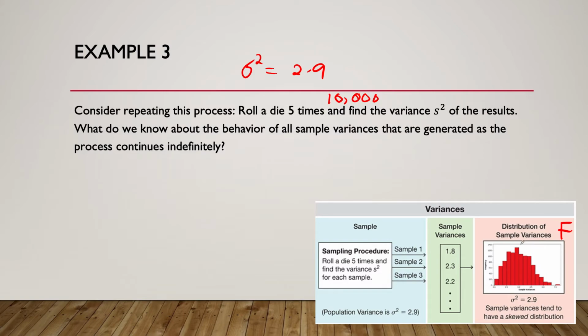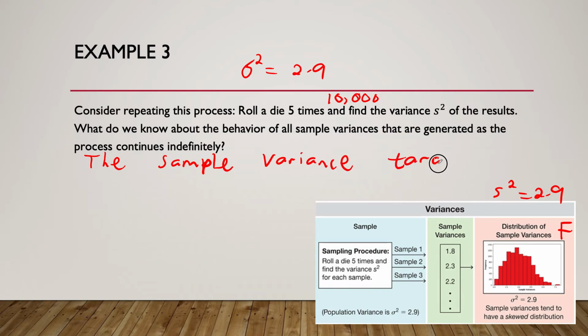But the whole idea is that this distribution has a mean sample variance of 2.9, which again, these are the same. So we know the sample variance targets the population variance.